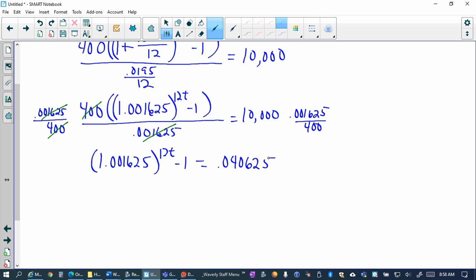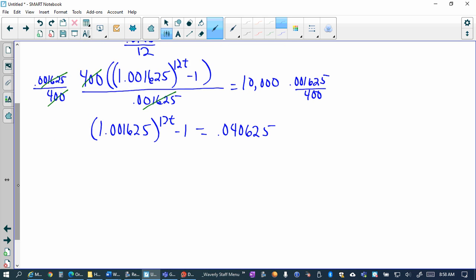Well, we're not quite cleaned up yet. Looks like we should probably add 1 to both sides. So we end up with 1.001625 to the 12t will equal, when we add 1, 1.040625. But now we can just take the log of both sides. Did they give us a specific method?